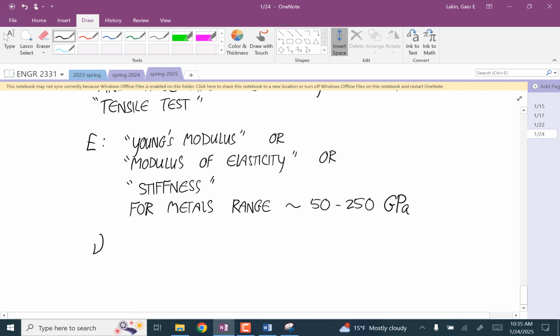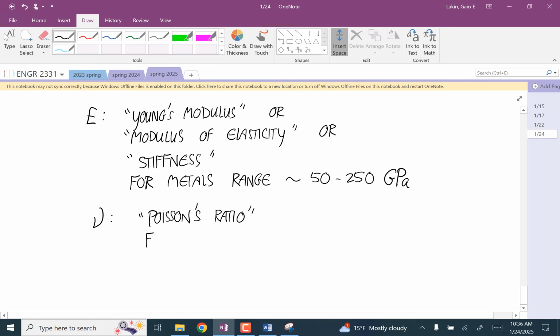And then this one is called Poisson's ratio. And for metals, it's usually right around 0.3.